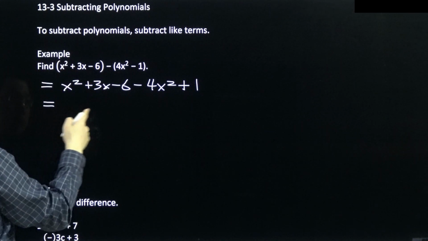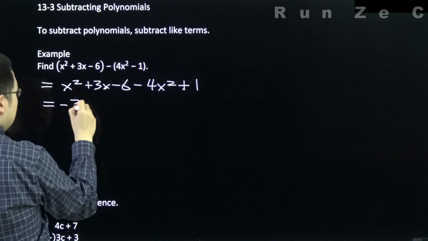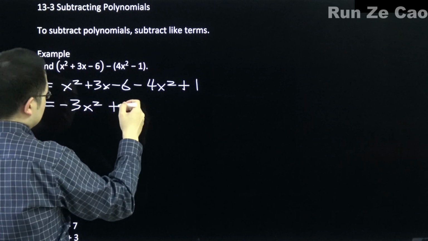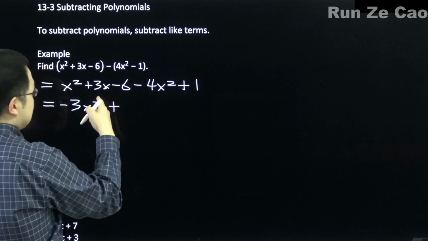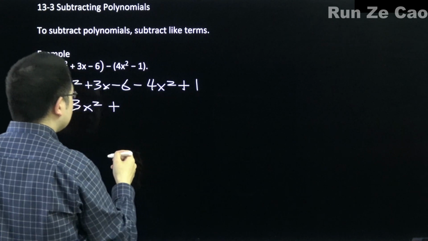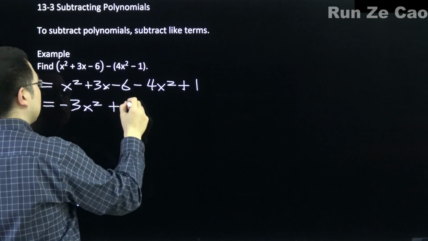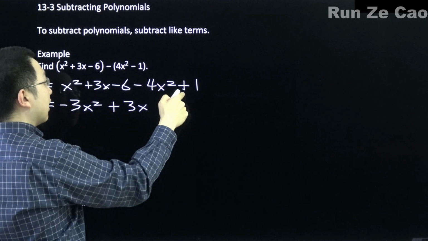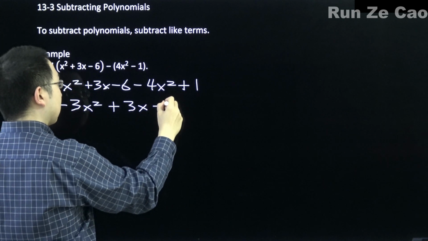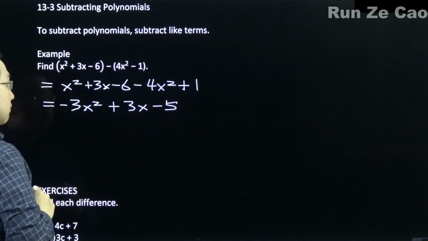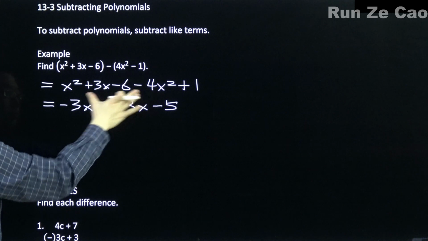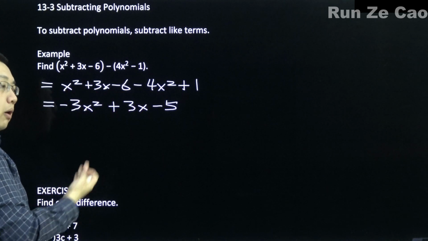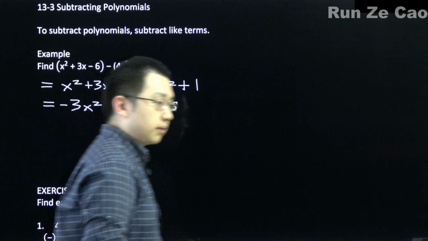So x squared minus 4x squared leaves us with negative 3x squared. And then the 3x term, there's no others that have just an x for their variable, so that stays as is. Negative 6 plus 1 gives you minus 5. Yeah, you just group the like terms as per addition.